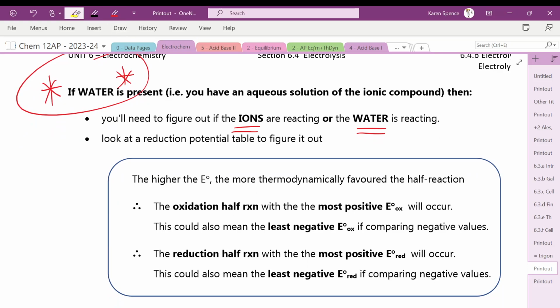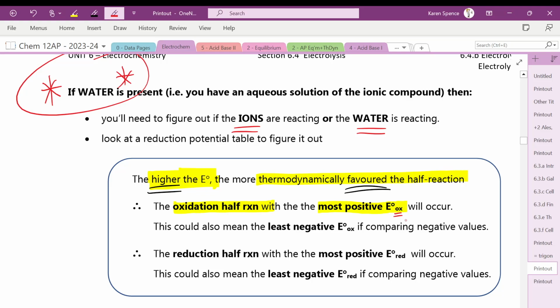Basically, the overall statement is the higher the E naught, the more thermodynamically favored the half reaction. So if we are looking at the oxidation half reaction, we are looking for the most positive E naught ox.